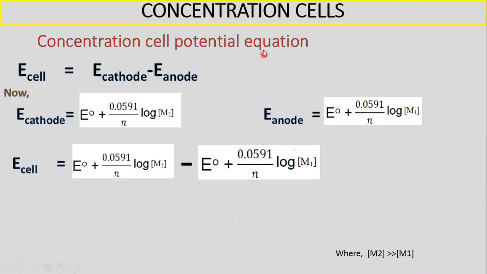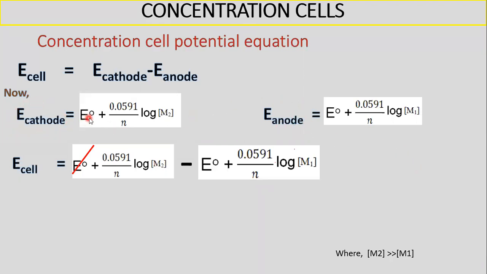Now let us see the derivation of the cell potential equation for the concentration cell. The EMF of a cell is given by the equation E cell equals E cathode minus E anode. We have seen the Nernst equation for single electrode potential, so we will substitute E cathode and E anode.